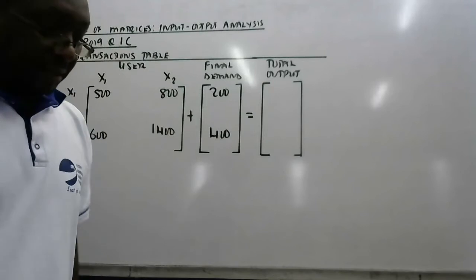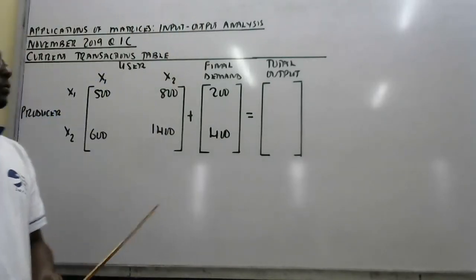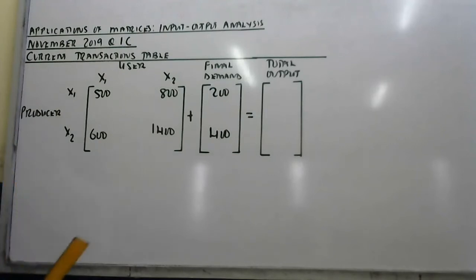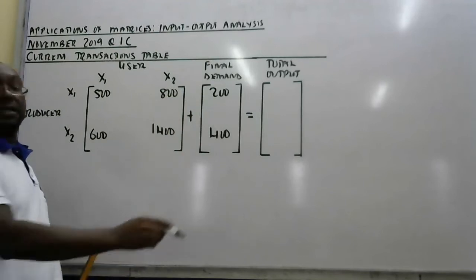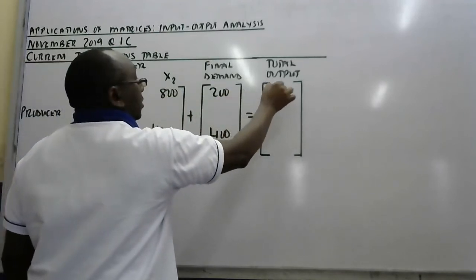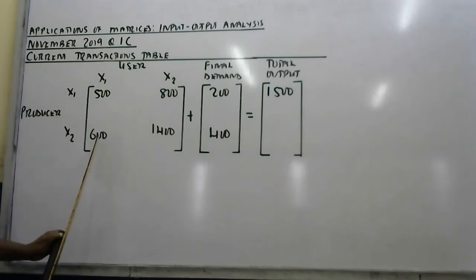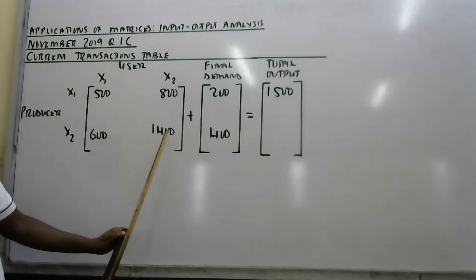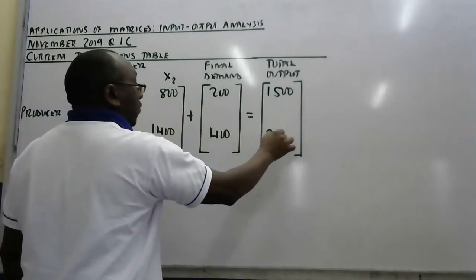When you add 500 plus 800 plus 200, that is 1500. Then 600 plus 1400 plus 400 is 2400.